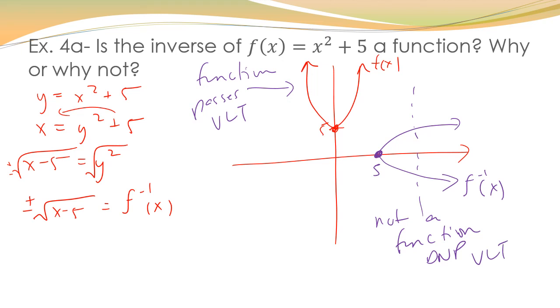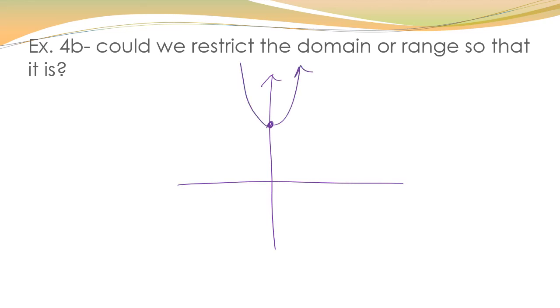So that brings us to our last question. Could we restrict the domain or range so that it is a function? I'm going to re-sketch that. So there was our x squared plus 5.